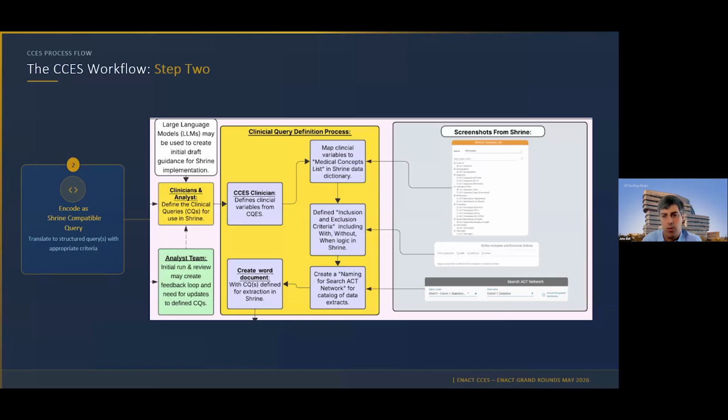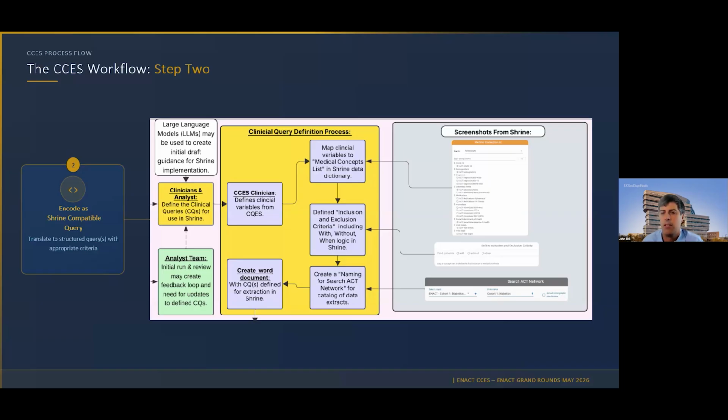Once we have those clinical variables, we then map those concepts to the ontology from the Shrine database. So we'll figure out what are the ICD-10 codes for those diagnoses, what are the LOINC codes for the lab values, and so we use that to define all our variables.